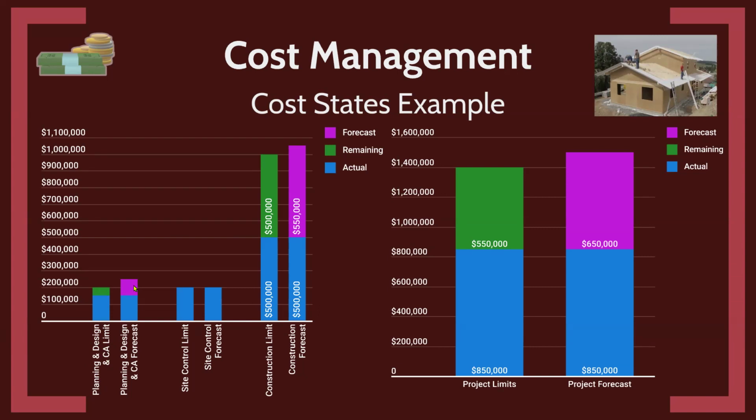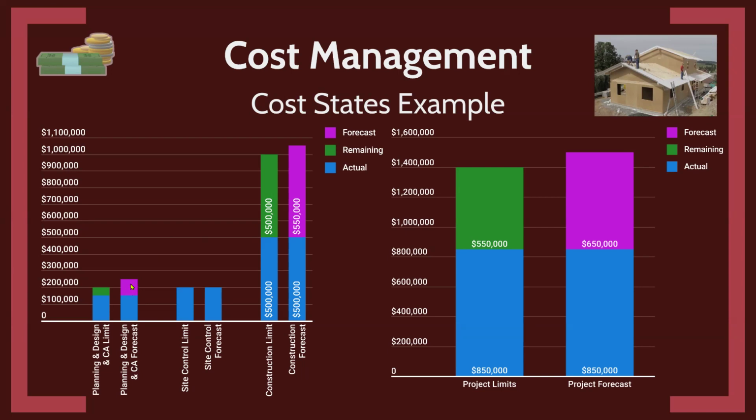But I may know that I'm anticipating additional services. So I might forecast $50,000 more because I need them to do this extra survey, or we're going to change the scope of the project, and we're actually going to expand and put an addition on this lift station, or whatever the case may be. And so in that case, I'm going to forecast so that you can see your forecast compared to your remaining.